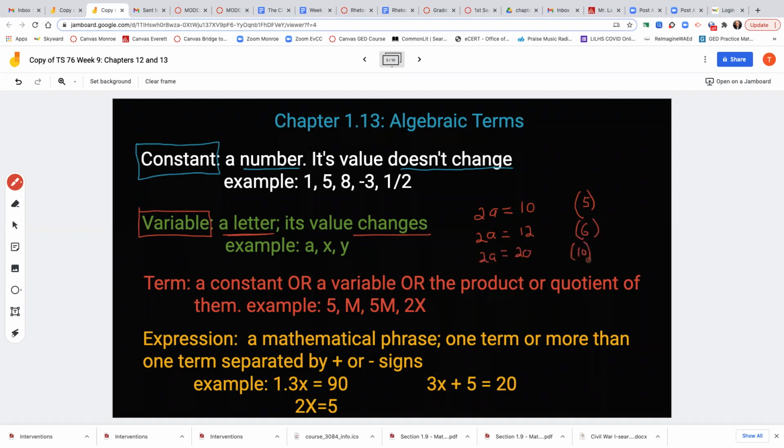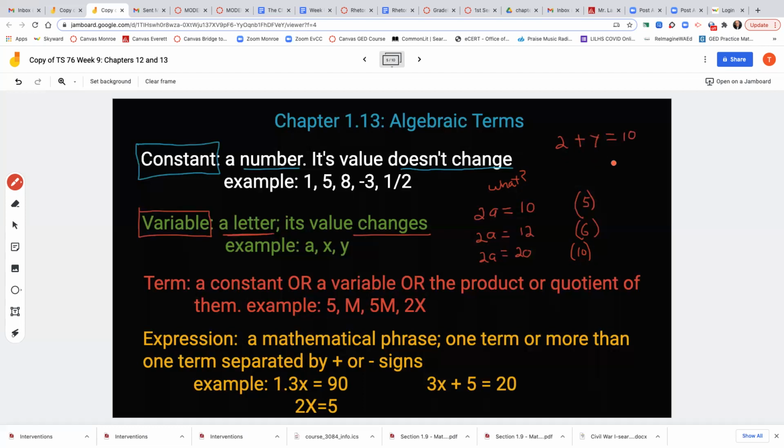And so all A means is, 2 times what? If you think of that letter, whatever it is, 2 times what equals 10? Or if I said 2 plus y equals 10, you could go, well, what plus 2 is 10?